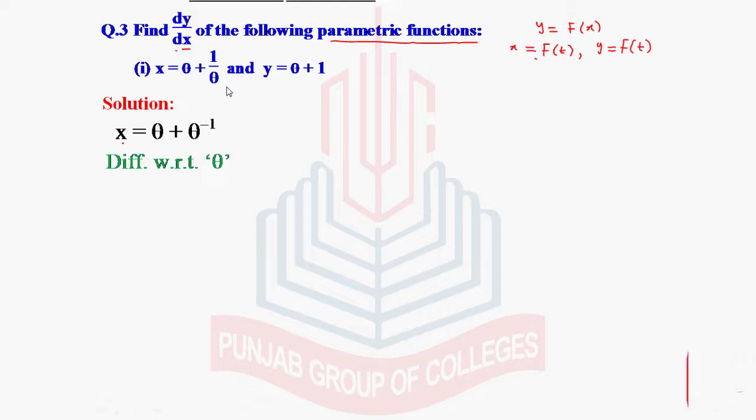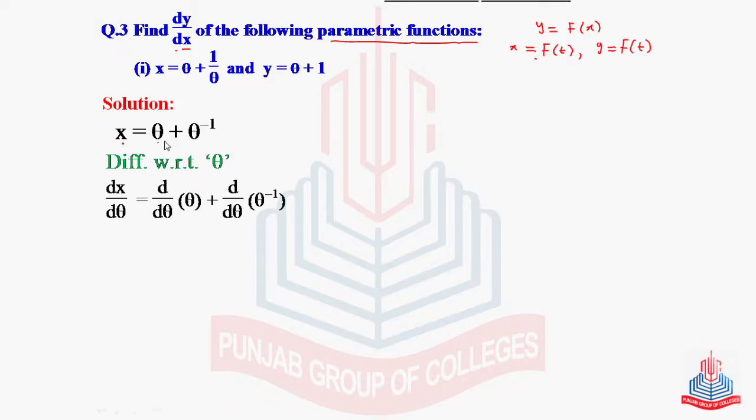So differentiating with respect to theta, as x is the function of theta, so we have to calculate change in x with respect to theta. So dx by d theta will become d by d theta of theta and d by d theta of theta raised to the power minus 1.